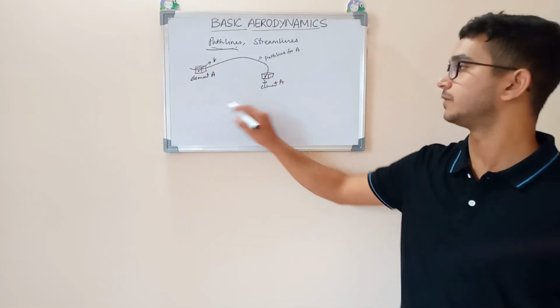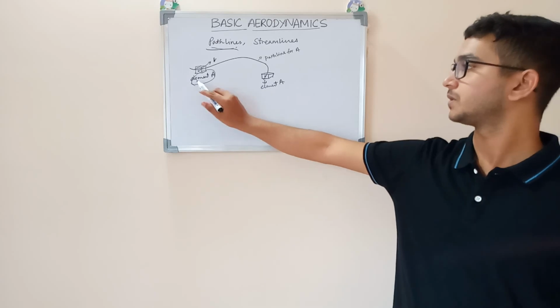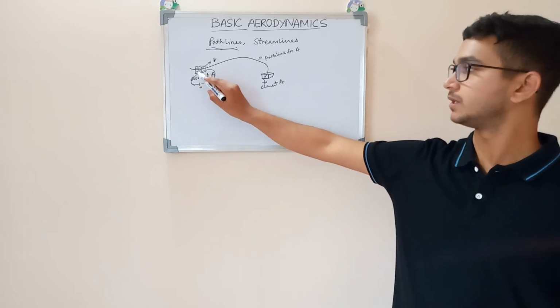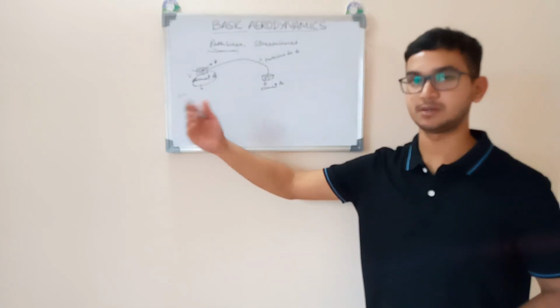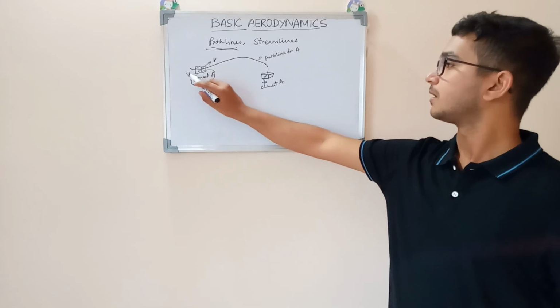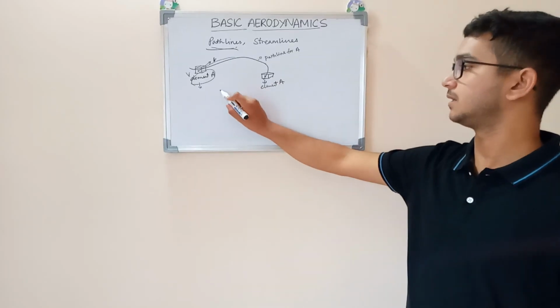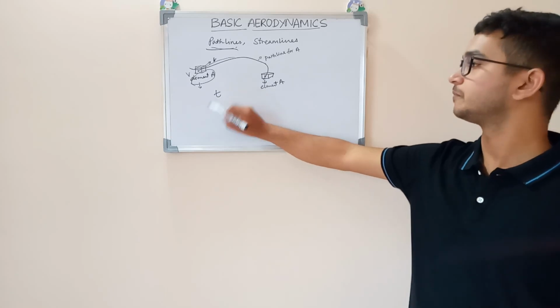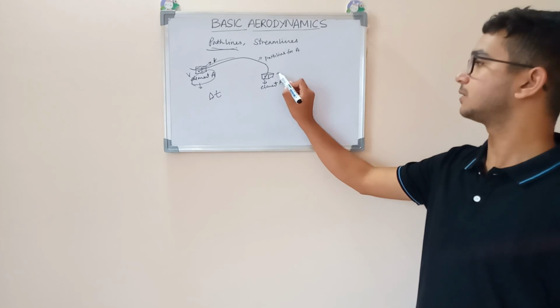Here is my element, called A, which is flowing in the fluid with a velocity V. After some time, let's say a small interval of time delta T, it comes to the point B.